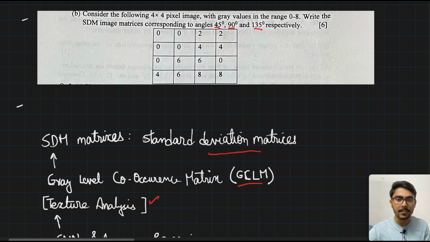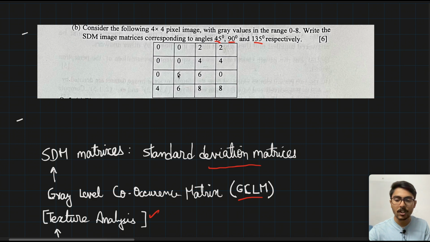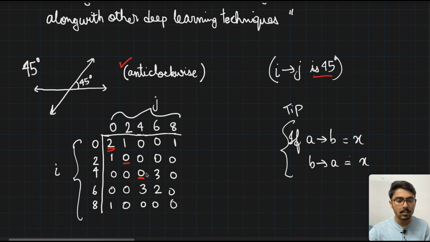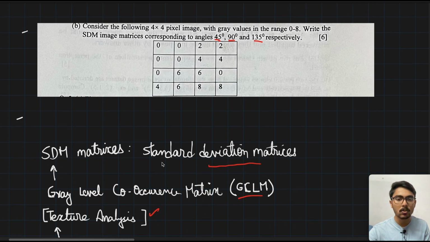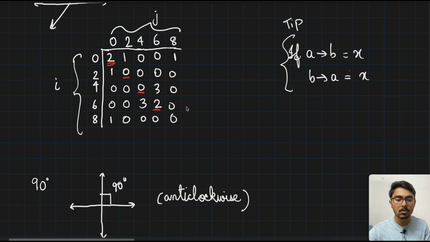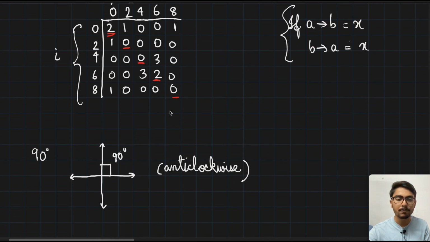If we see the matrix, there is no 45 degree angle between 4 and 4, so it will be 0. In 6 and 6, let us go above. You see again we have this particular angle 45, and when we come back, we again have 45. So it will have 2.